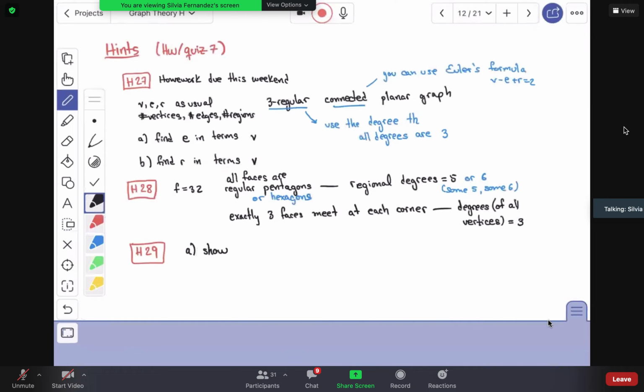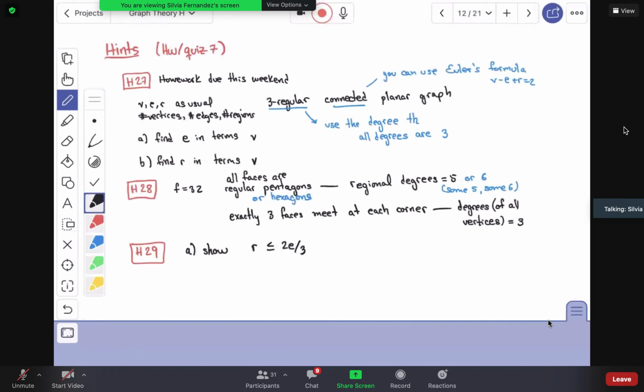Professor, just wondering about H27. What does it mean by find E in terms of V or find R in terms of V? Because if I use Euler's theorem formula, isn't that impossible? Because in terms of V, doesn't that mean there can be no variables of E or R?